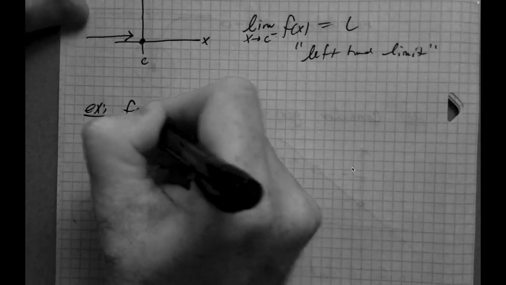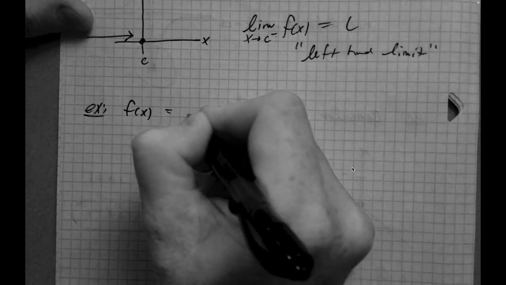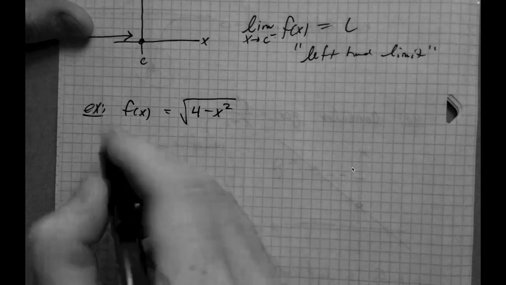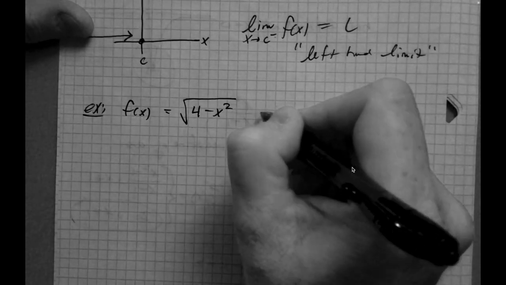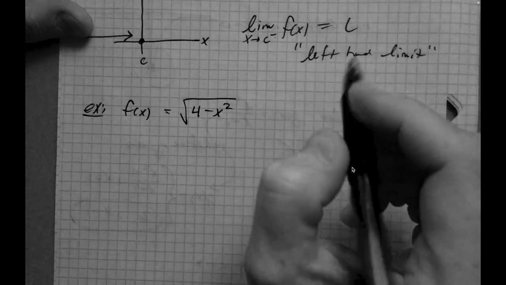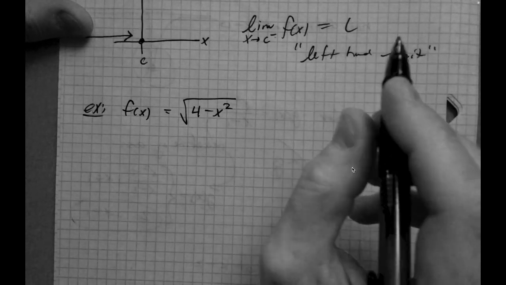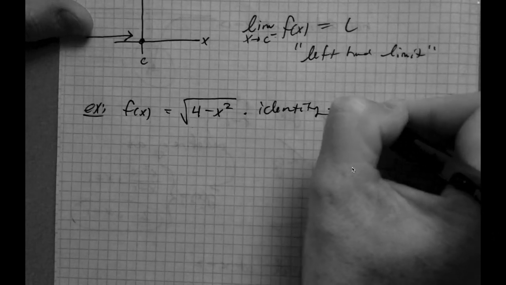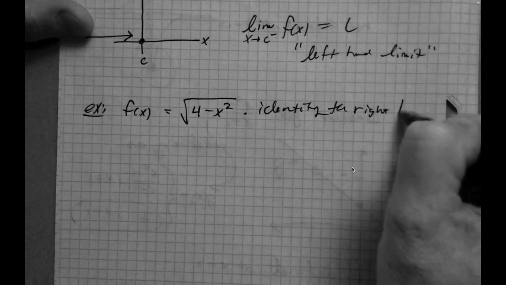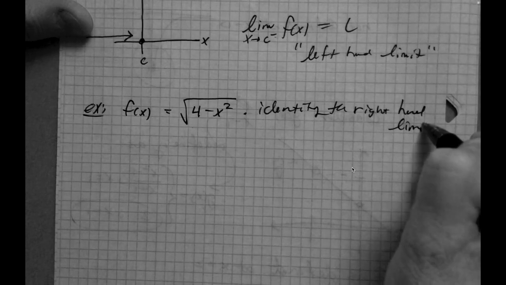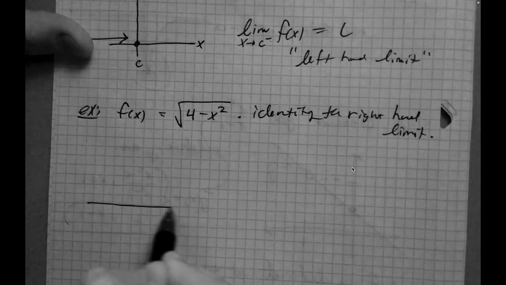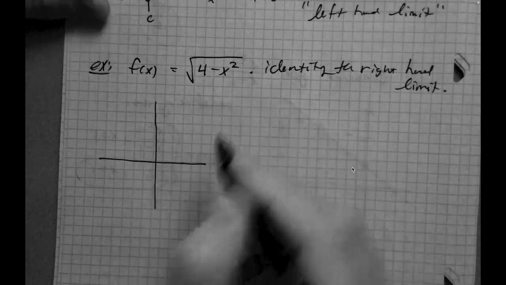Let's consider the function f of x equals the square root of 4 minus x squared, and let's identify the right-hand limit of this. This is a weird function. If we plot it, first of all, it's a function that's not everywhere defined.